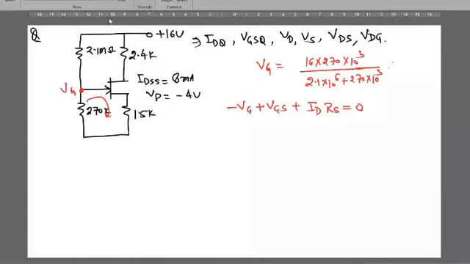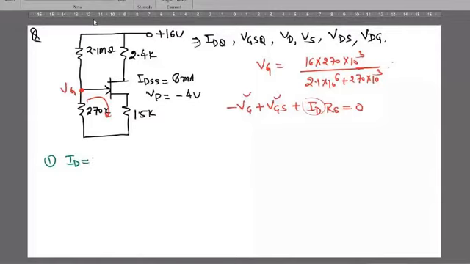Now you need ID, and from where can you calculate ID? You have to calculate ID by a specific procedure. Okay, this is very important. You try to learn this. In potential divider biasing, first step, you consider ID equals 0. This is very important to understand.